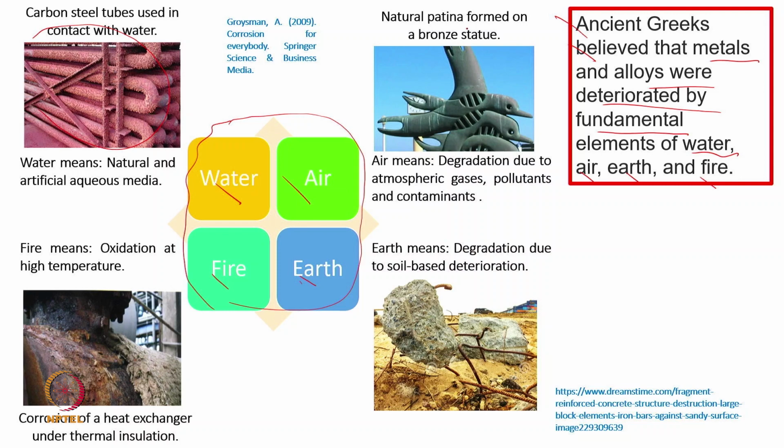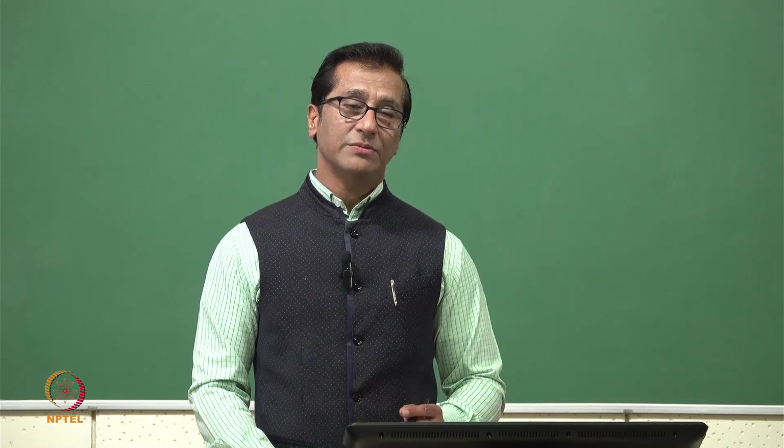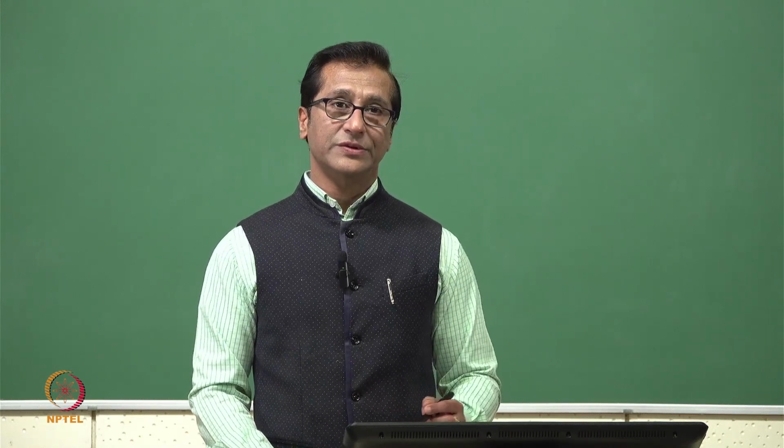You have seen the natural patina which forms on bronze structures. Anything that goes into a foundation also gets corroded because of moisture. Even in heat exchangers, we have found that if there is thermal insulation, the water increases and gets oxidized, or forms some corrosive layer on the surface.